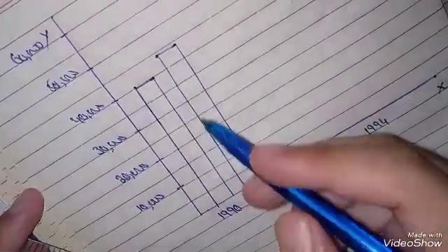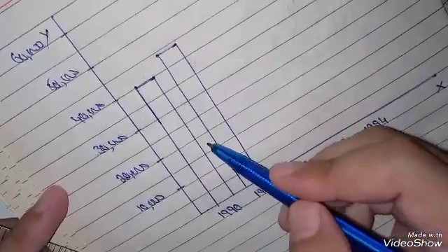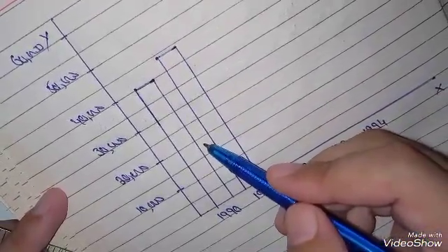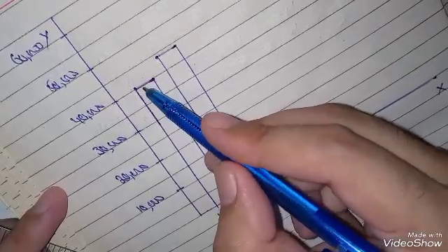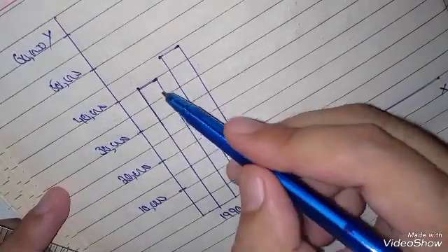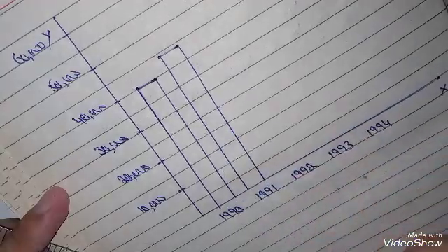The spaces between the bars should not be greater than the width of a bar and should not be less than half of the bar's width.